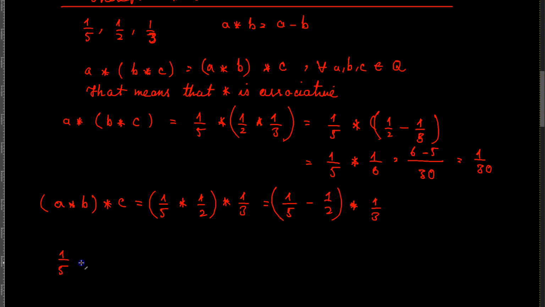Now 1/5 minus 1/2 is (2 minus 5)/10, so -3/10.